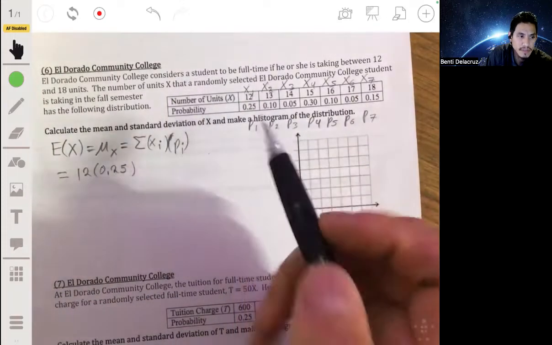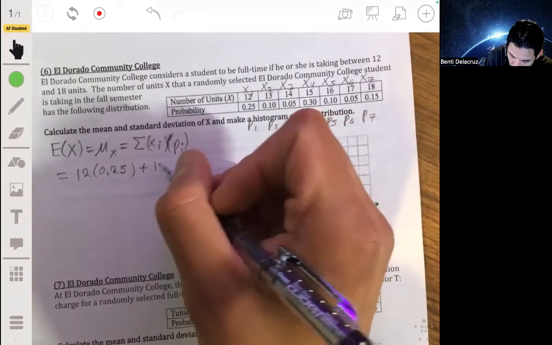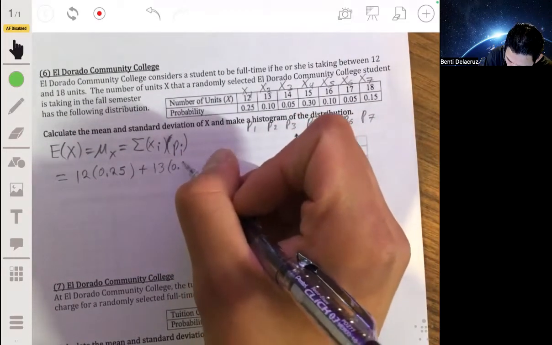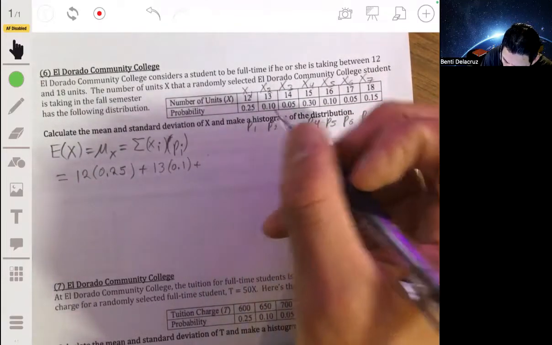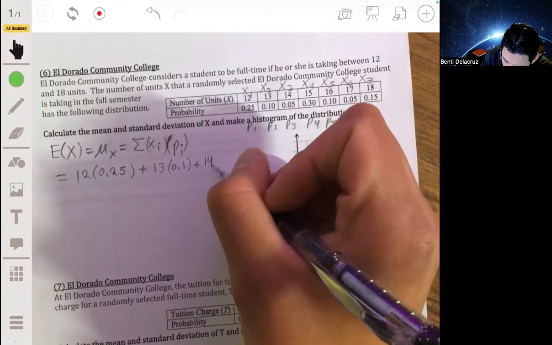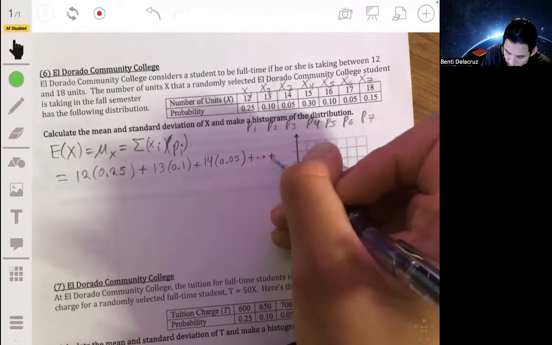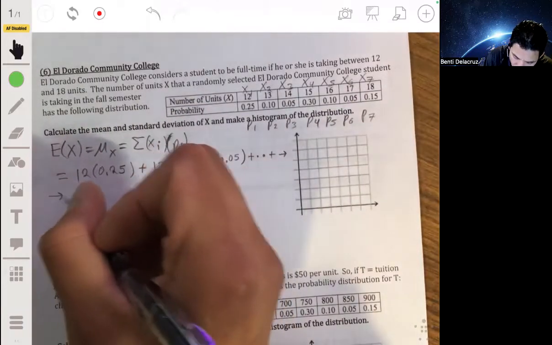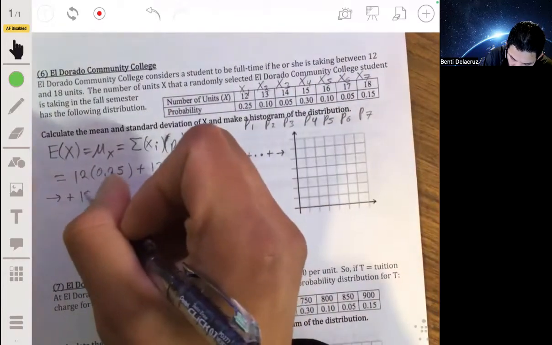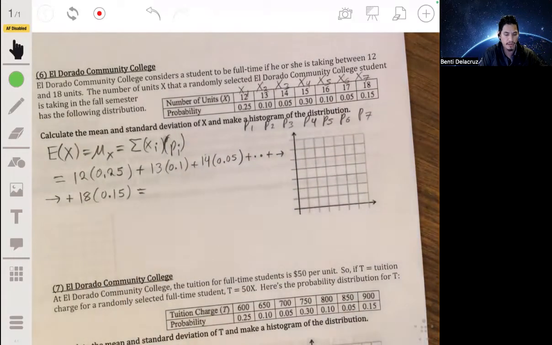So I'm going to do X1 times P1, plus X2 times P2, plus X3 times P3, and so forth. I'm going to keep doing that until I get to X7 times P7, so this will be plus 18 times 0.15. When I do that and simplify, I'm going to get 14.65.